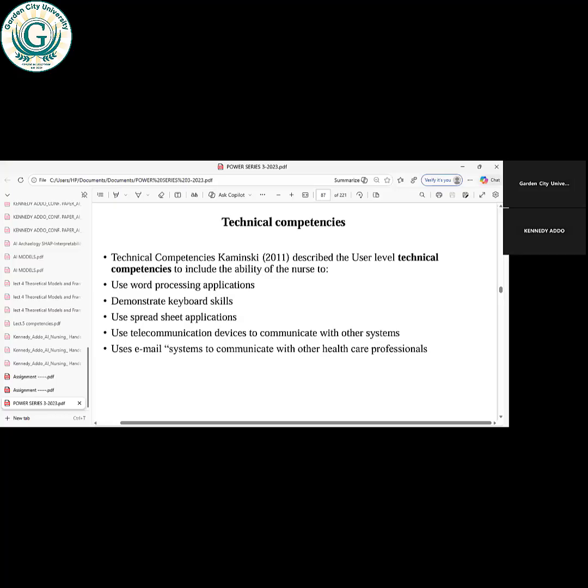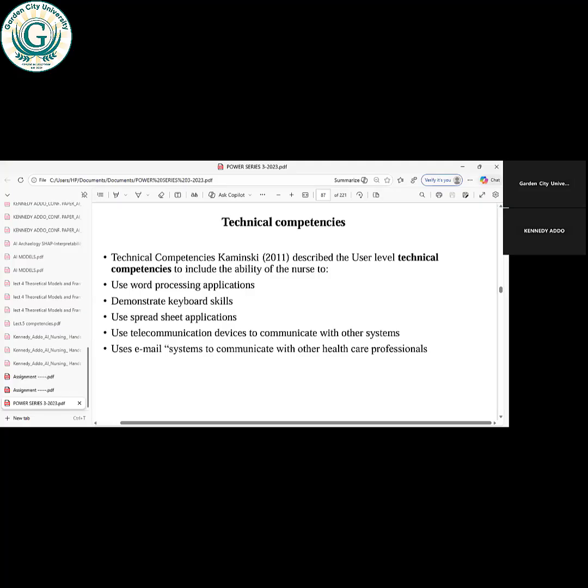Technical competencies, as described by Kaminski, include the ability of a nurse to use word processing applications, demonstrate keyboard skills, use spreadsheet applications, use telecommunication devices to communicate with other systems, and use email systems to communicate with other care professionals. So do you know how to compose a message in a mail and make it available to the recipient? Do you know how to attach a file? All these are very important.